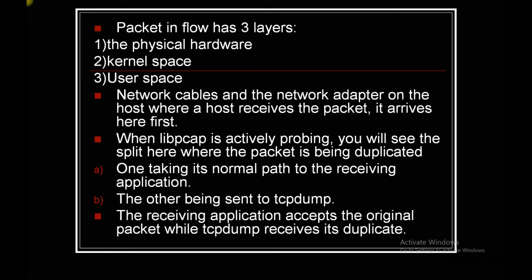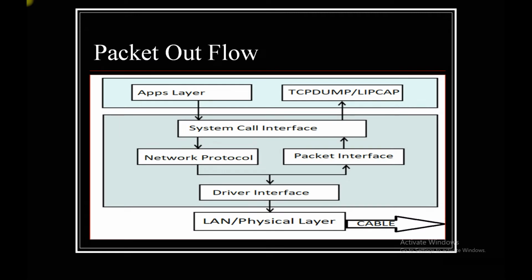Let's move to transmitting TCP packets, how the packets flow out. So first of all, whenever an application sends data, it will be simple data. Later, after reaching the kernel space, it will encapsulate.